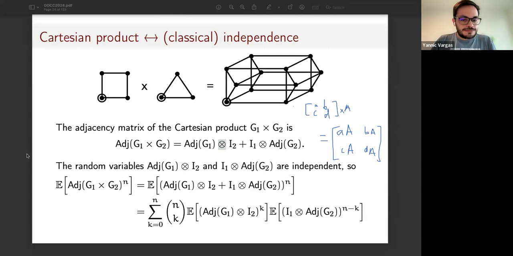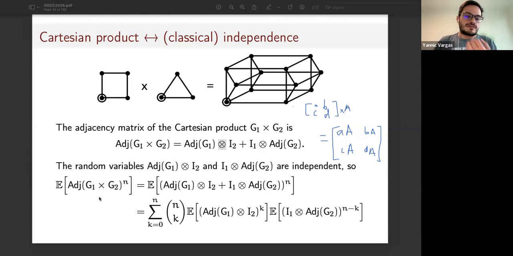And A1 and A2 correspond to the identity matrices of the size of the adjacency matrices of J1 and J2 respectively. So we have this formula to calculate this adjacency matrix, and when we look at the expectation of the n-th power of this matrix, we can show that in fact these two matrices commute, and when you do the calculation, it's just this sum over binomial coefficients of this product.